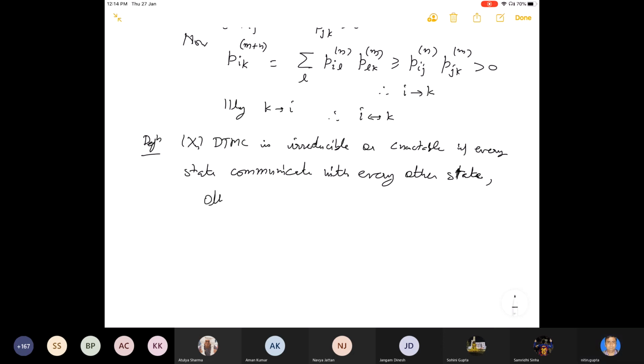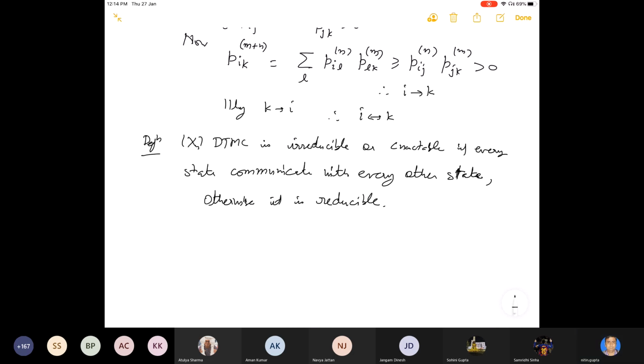Otherwise, it is said to be reducible. So it is connectable or irreducible if every state can communicate with every other possible state. Otherwise, it is said to be reducible or not connectable.